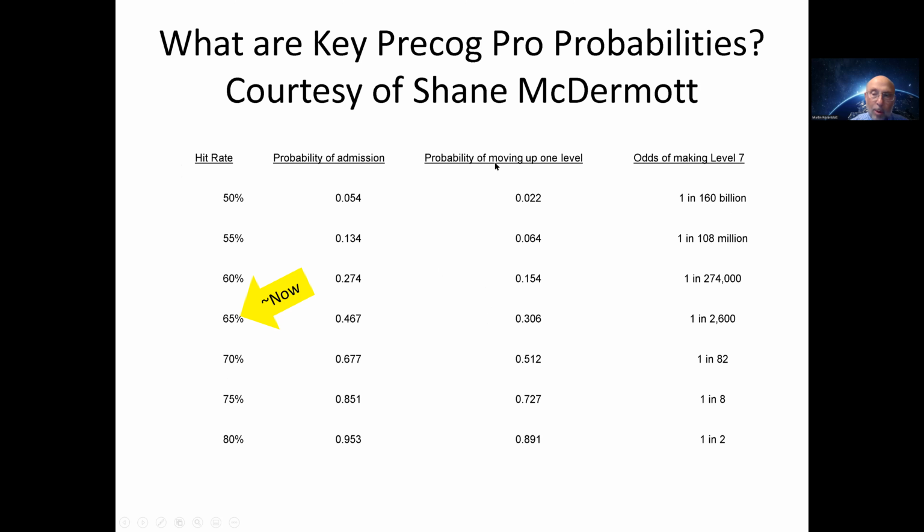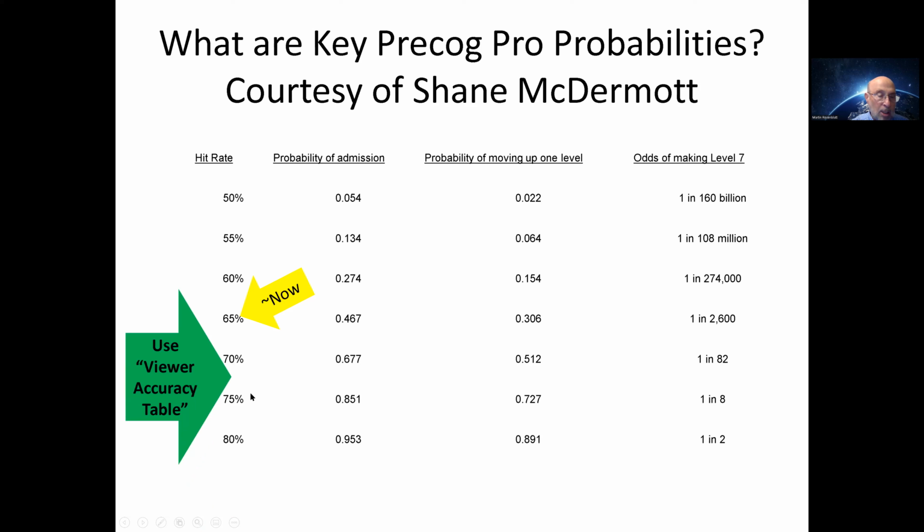But he worked out these probabilities after he had a hard time reaching it. And we're at 65%. As I say, you can see that's still pretty good. If you're at 65%, you can get into the Precog Pro program with about a 50% probability. Moving up a level, he says 30. And to get to level 7 is one out of 2,600.